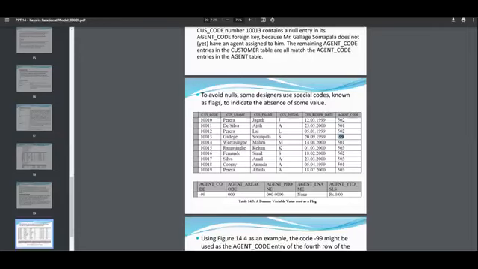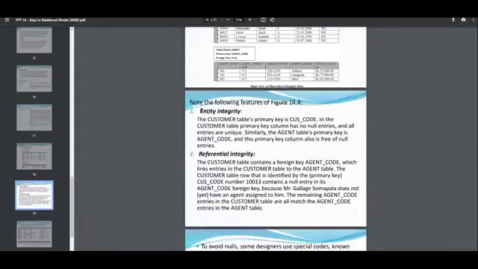And persons inserting data into tables can use flags when agent codes are unknown. That means foreign keys are unknown, when they don't know. But can they keep the primary key null, or keep some flag value? No, it is impossible. Entity integrity and referential integrity behave in different ways.